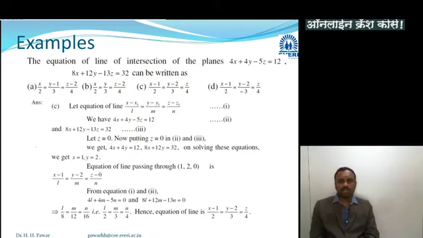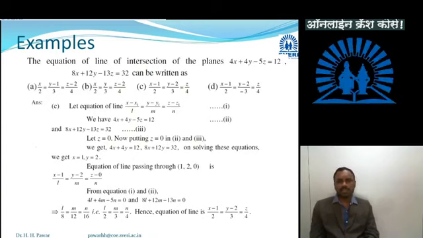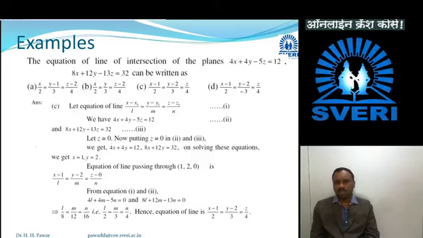Here for a shortcut, if you find the point (1, 2, 0) on the line, just put it in the given options and check which one gives us 0. If you put it in option 1, definitely it is not 0, as it gives us 1/2 equal to 1/3, which is not correct. Again the second option also gives 1/2 equal to 2/3, which is also not correct.